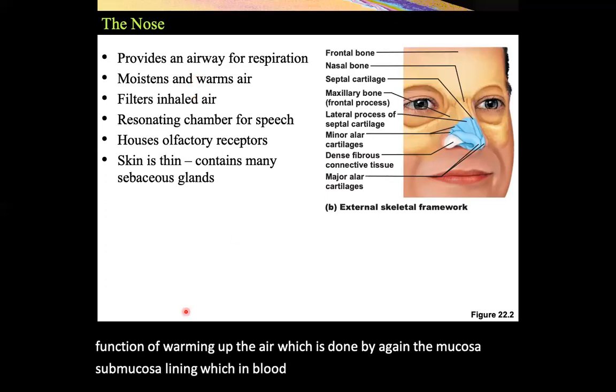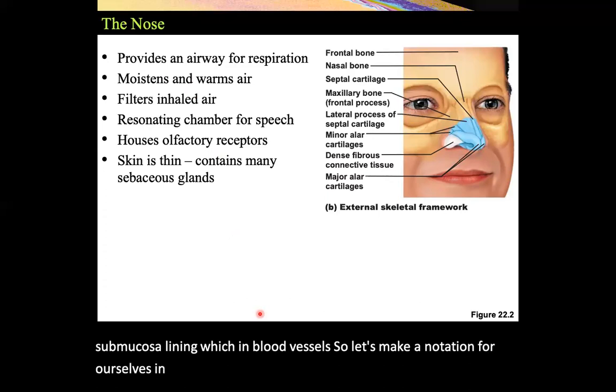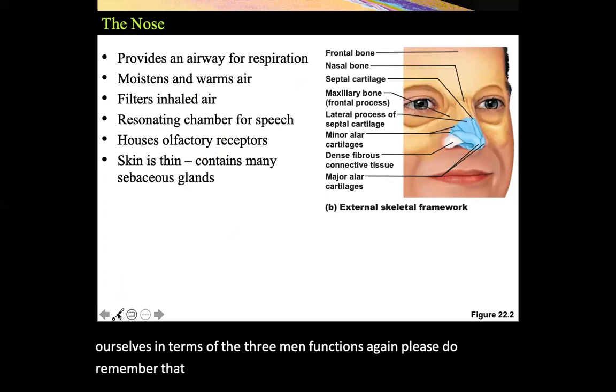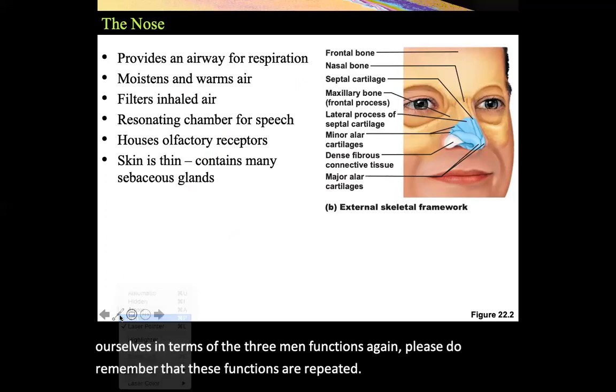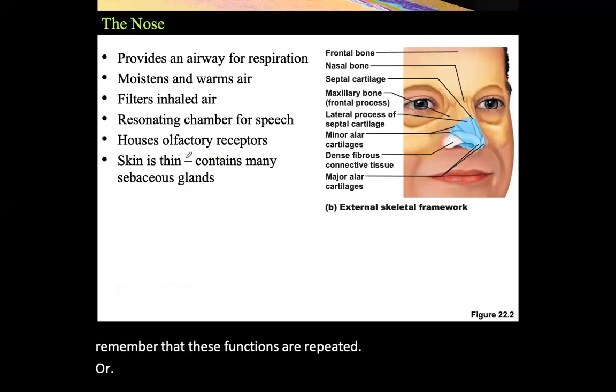So let's make a notation for ourselves in terms of the three main functions. And again, please do remember that these functions are repeated for the nasal cavity as well. So moistening is done by the mucosa lining.